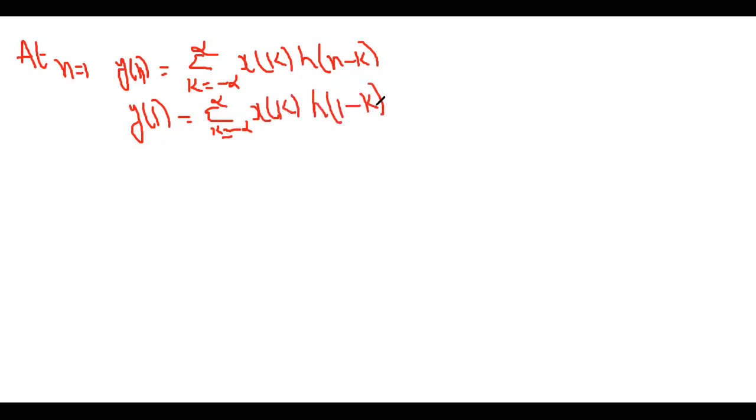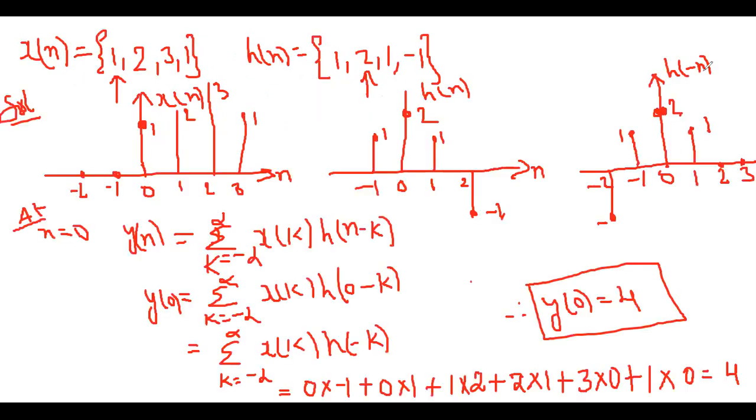Now I am adding 1 to the minus k, previously 0. 1 minus k means the previous value, h of minus k, we add 1 and shift it towards the right side. One sample is shifted towards the right side.